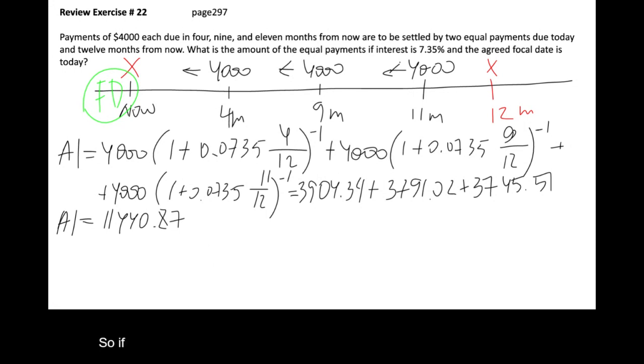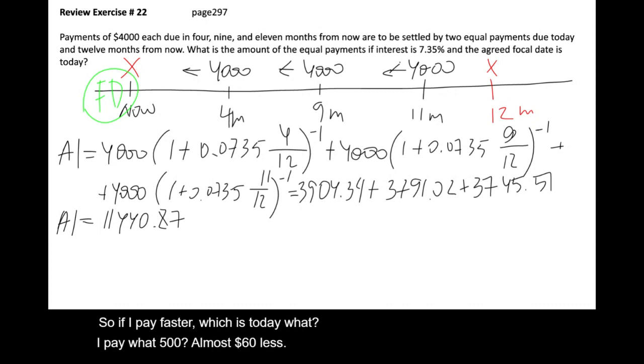A quick analysis: 4,000 times 3, what is it? 12,000, right? So that 12,000 has interest embedded in it, right? If I pay faster, which is today, I pay almost $560 less. So let me know when you're done and we can continue with agreement 2.